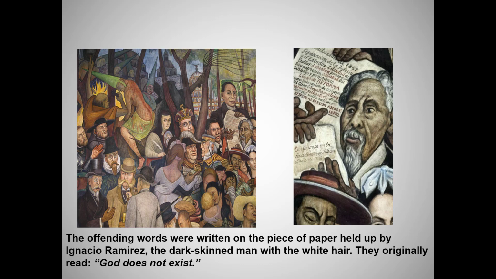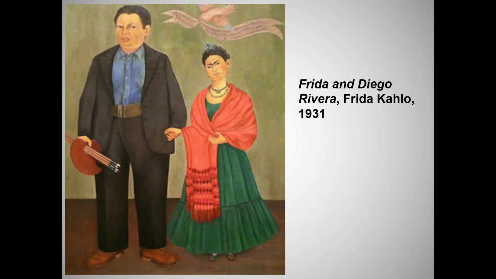A protester damaged the painting, and it was subsequently concealed behind a wall for 9 years. Ultimately, Rivera agreed to change the offending inscription, and the hotel displayed the mural again. Later, because of public interest, the mural was transported, wall and all, into the reception hall. And here you see the portion that used to read, "God does not exist."